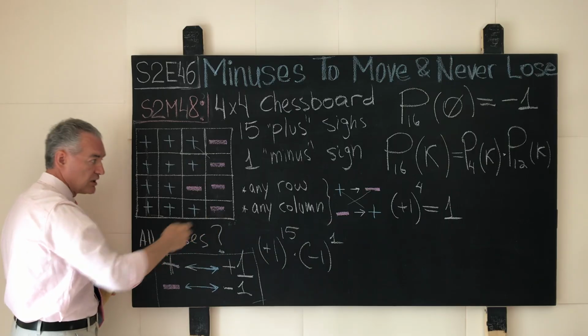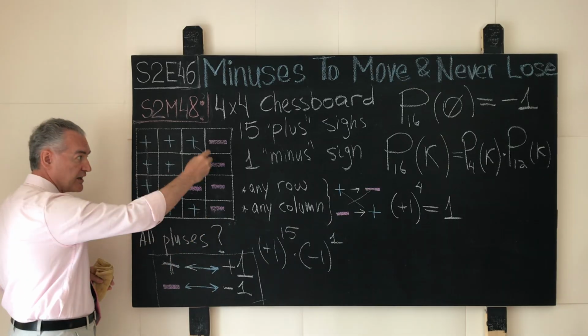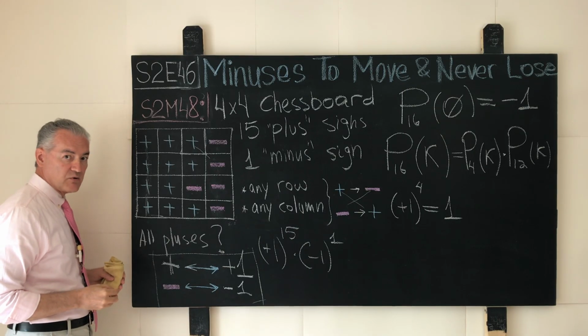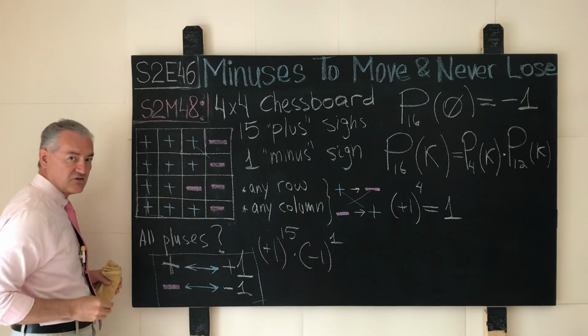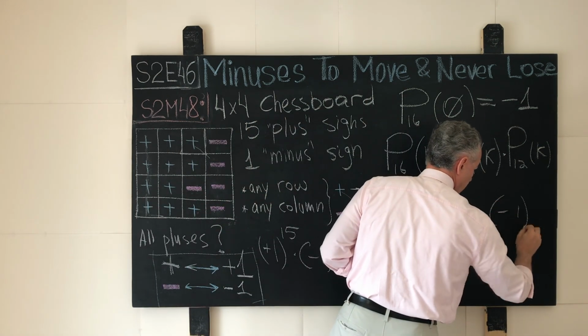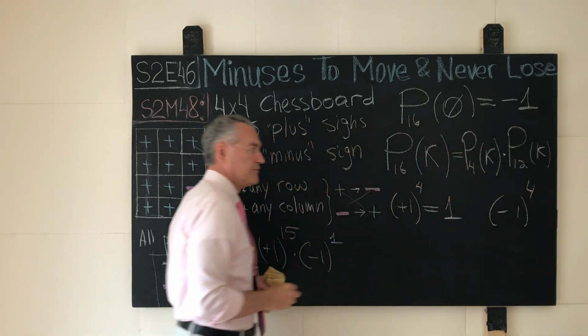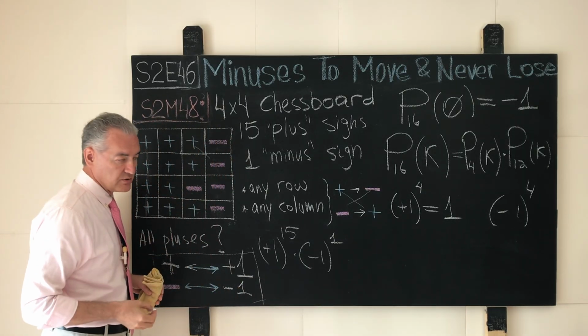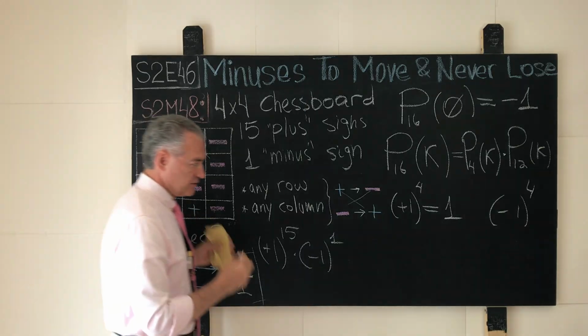So now, instead of plus 1, we have negative 1, negative 1, negative 1, negative 1. And what is the value of the product of 4 negative 1s? Well, it will be negative 1 raised to the fourth power. Negative 1 times negative 1 times negative 1 times negative 1. And what is that value? It is plus 1 again.